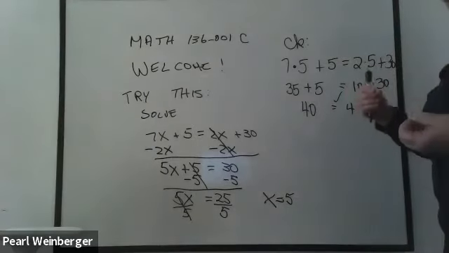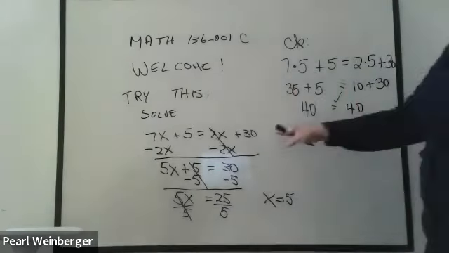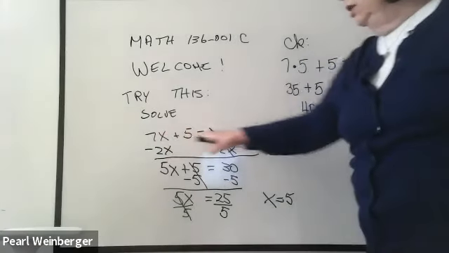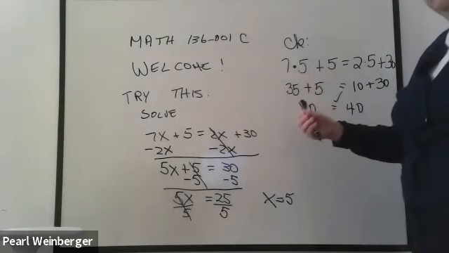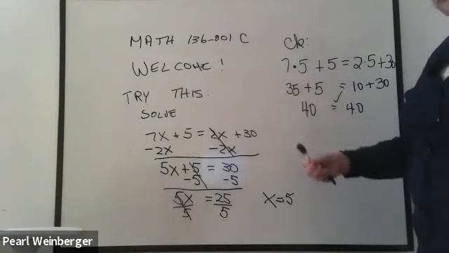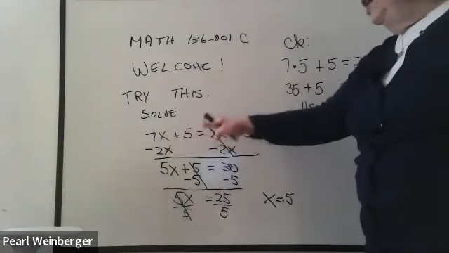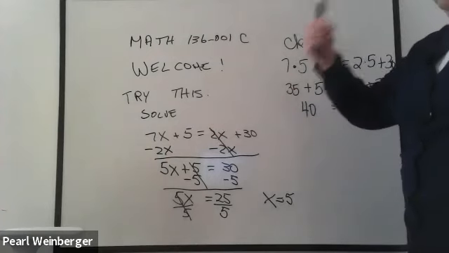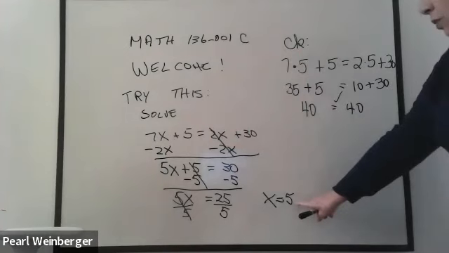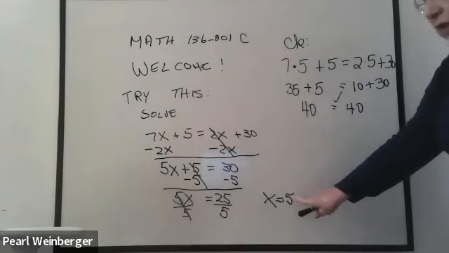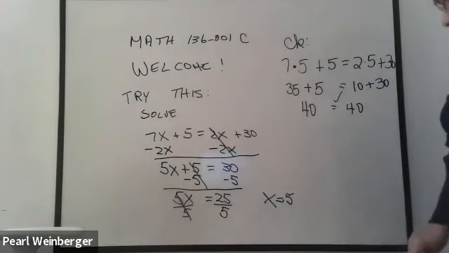Again, what have we done? We've taken this original equation, which is a conditional statement. It's saying 7x plus 5 equals 2x plus 30. In what condition? When will that be true? When we solve it, we get x equal to 5.